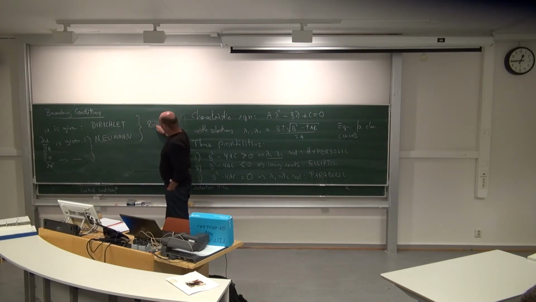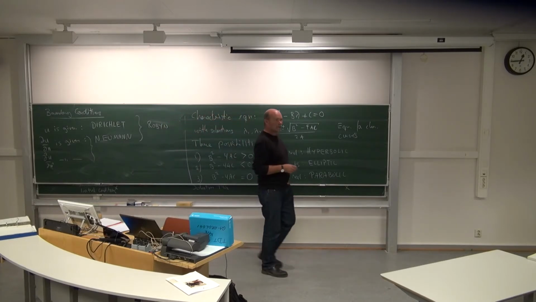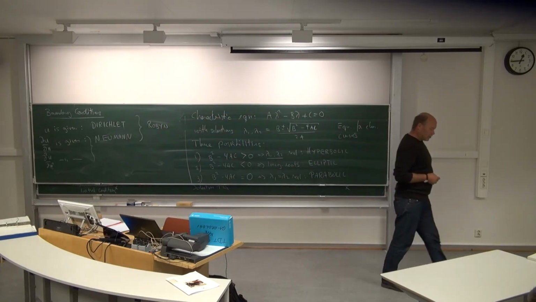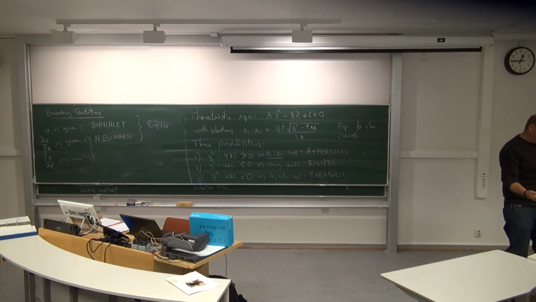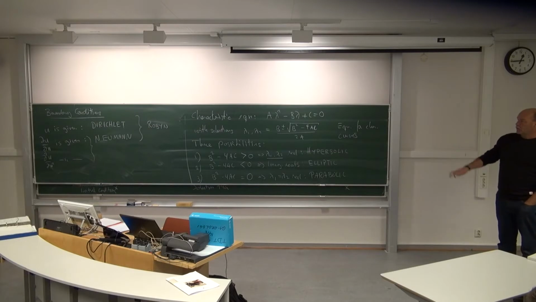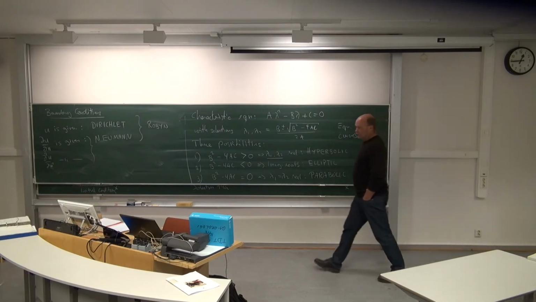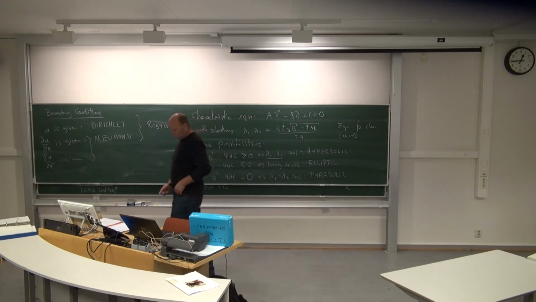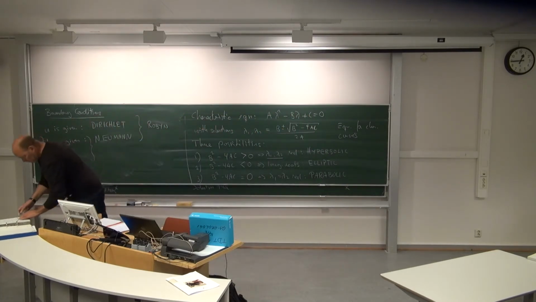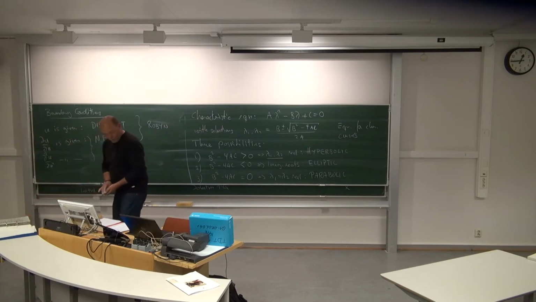It's called a Robin condition. So you should know about it at least. Then you have a combination of constant values plus a derivative of some order. So this is what we mean with the boundary condition. We need to know something. Okay, that was the classification.